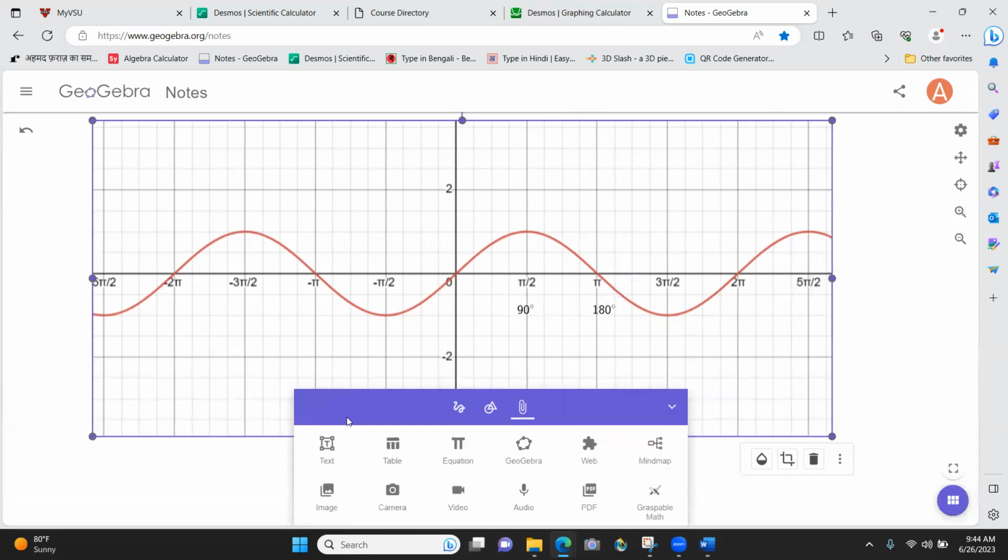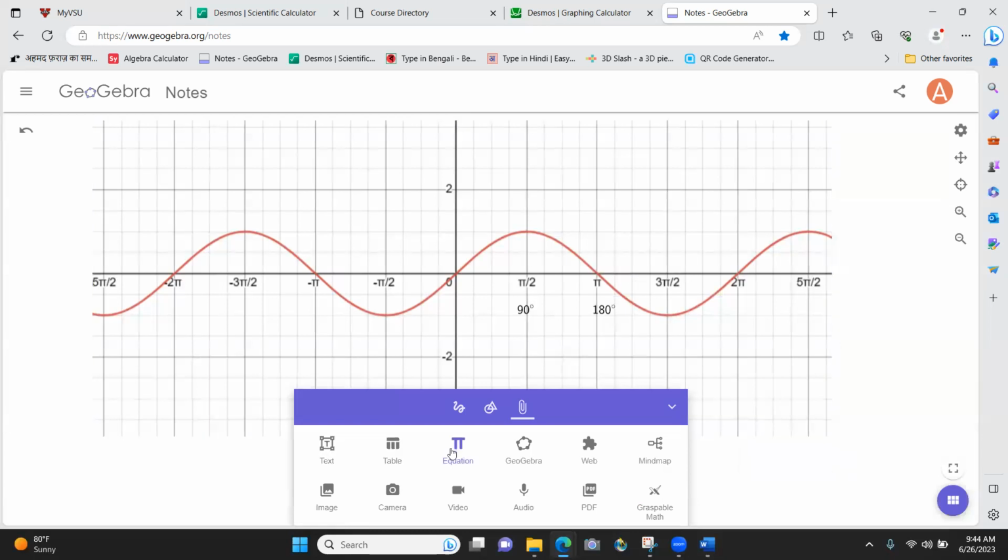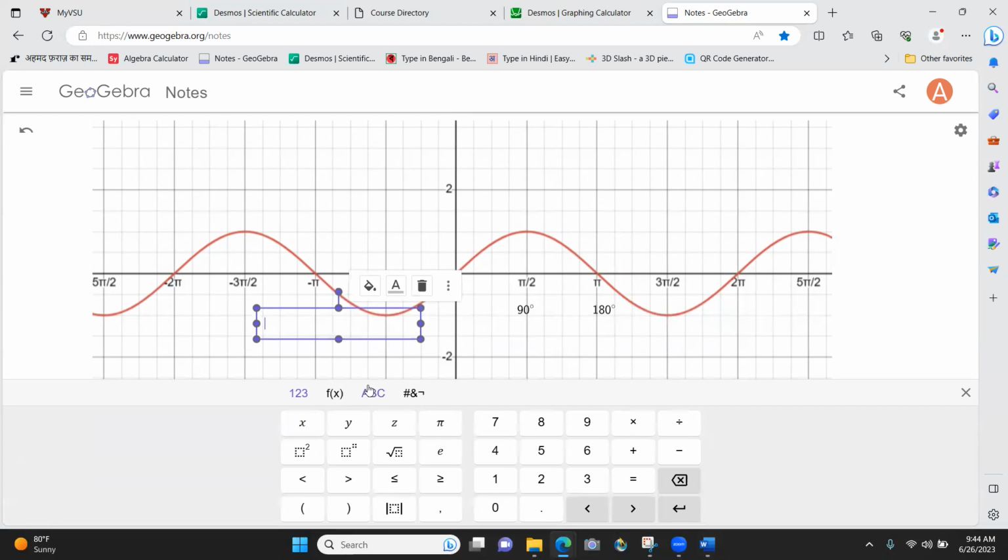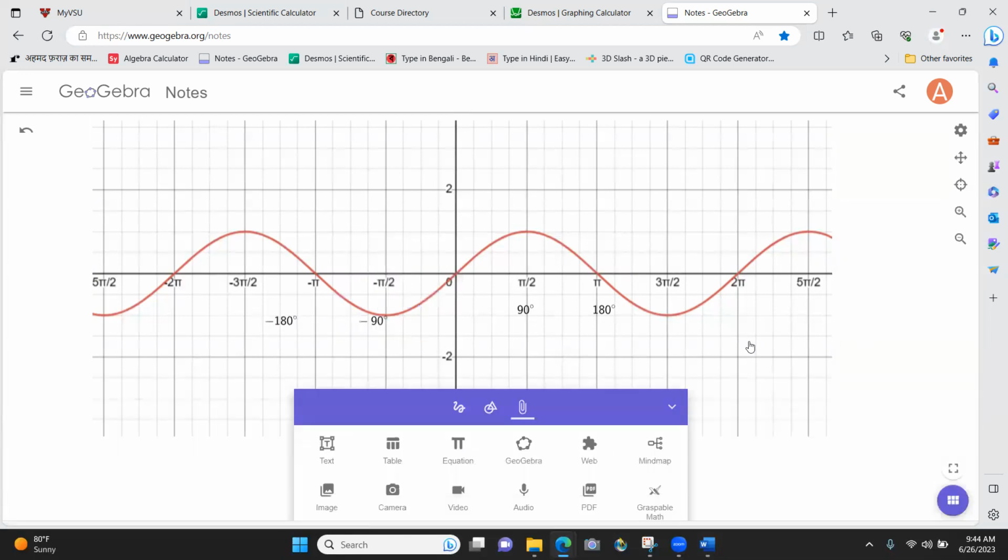And on the other side, I'm going to just do 2. And this is going to be negative 90 and negative 180. Okay. Again, you have to kind of know it by heart.